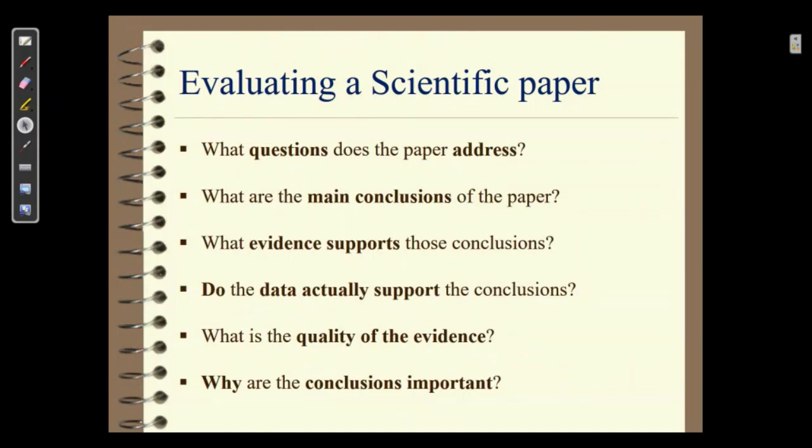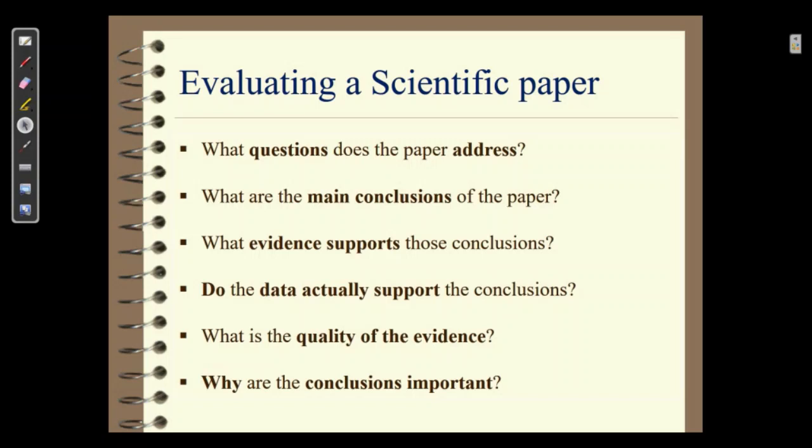Evaluating a scientific paper. As we have seen before, let's say we are going to evaluate a scientific article. What questions does the paper address? This should be the first thing we should know, from the abstract as well, and from the introduction and the title: what is the main conclusion we have from this paper.